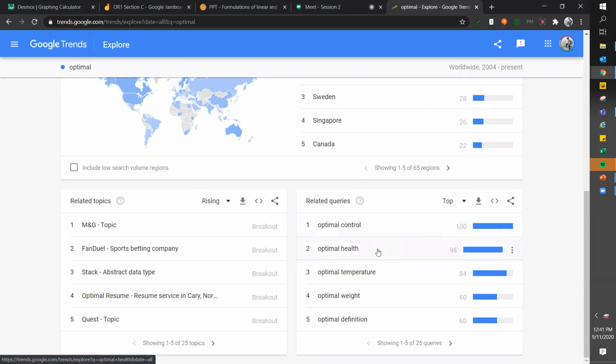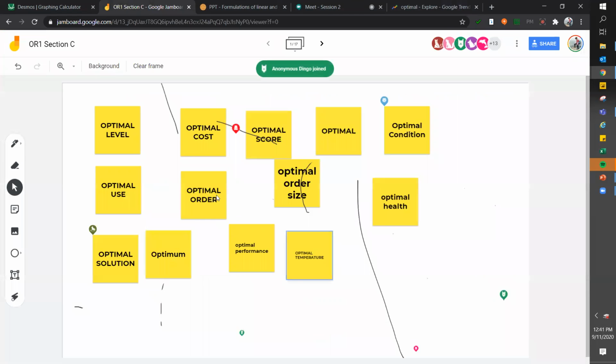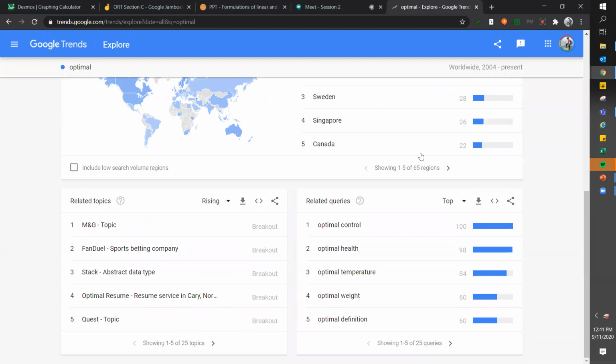So, you can see here optimal control, which I think nag-appear dito sa atin. Yep, we have optimal control. And then optimal health, optimal temperature, optimal weight, optimal definition, optimal meaning, design performance, optimum solution, nakita rin natin, and the likes.